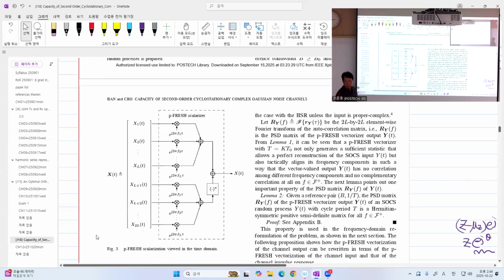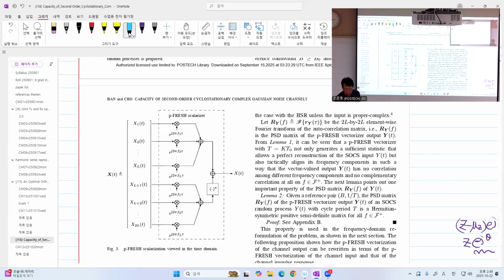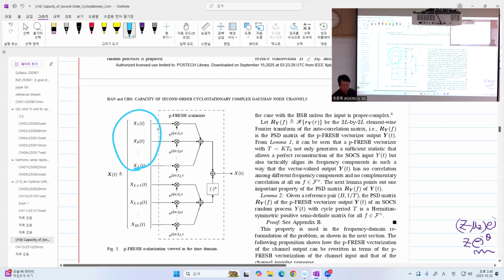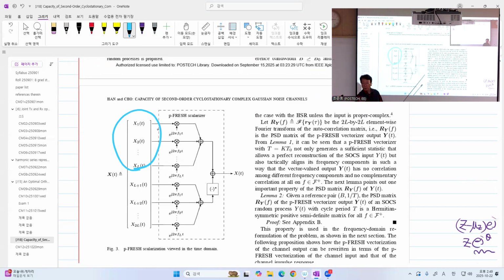And that is not a surprise since you've already seen. So this x is the already p-fresh vectorized version of x, for example, a random process. Now, upper part, you see something very similar to harmonic series representation. You just frequency shift and sum up, right? Then what? Be careful.